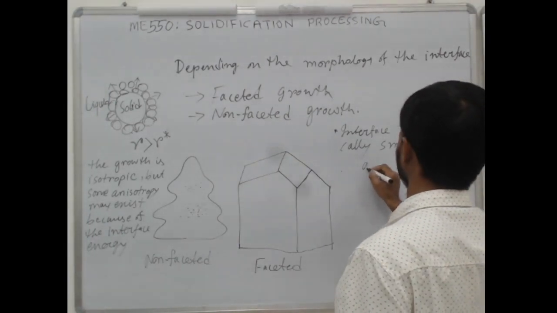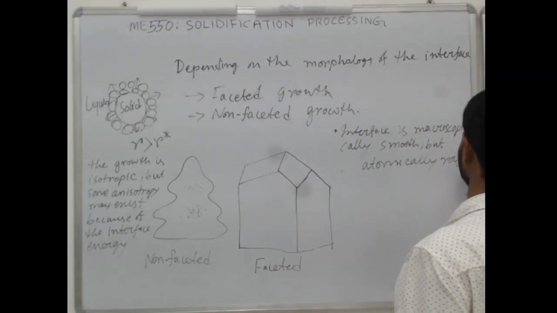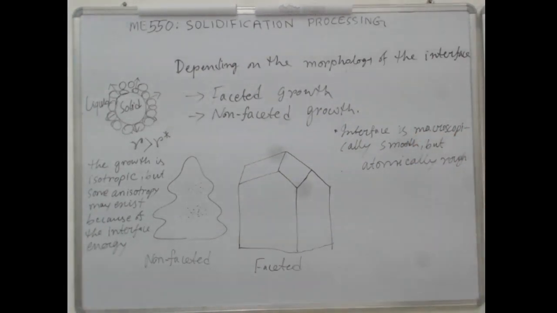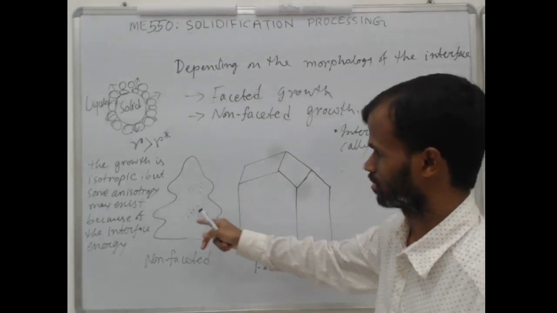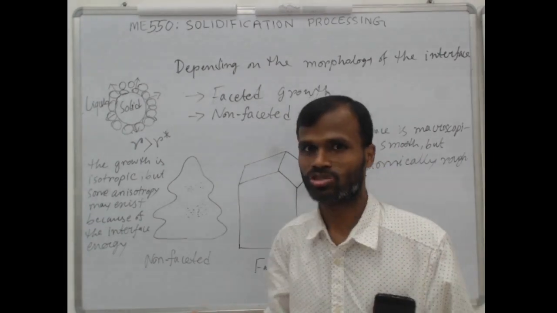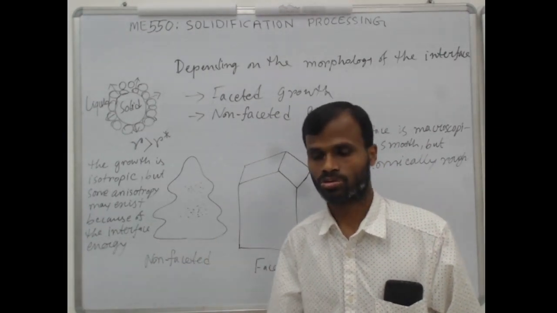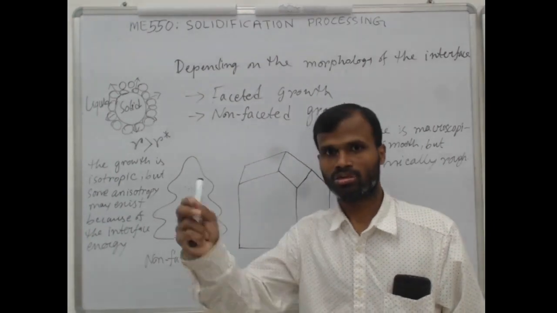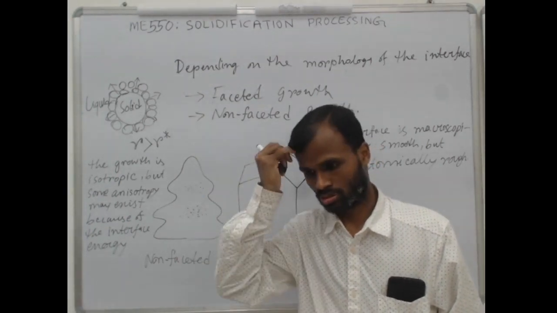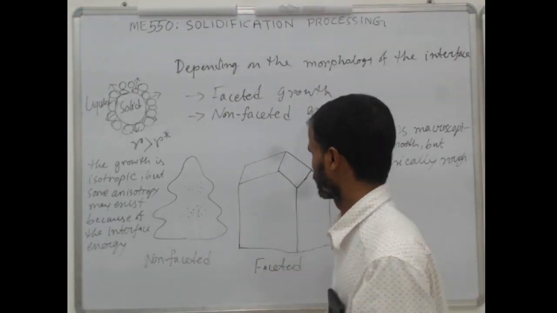but atomically rough. Atomically rough means that if you see the atomic structure, the surface is very rough because there is no preferential direction for growth, so an atom can get attached to the surface at any point.